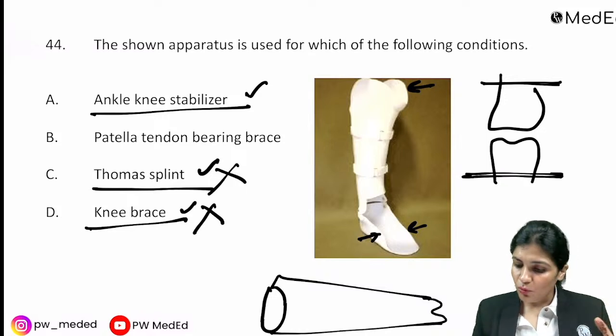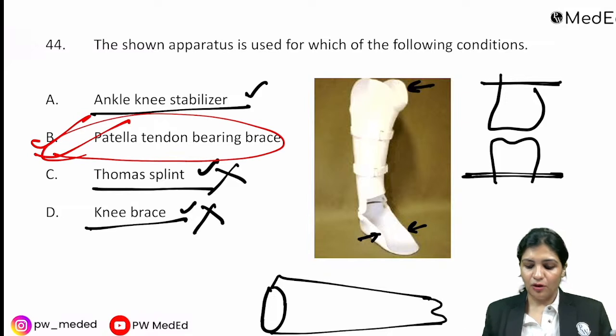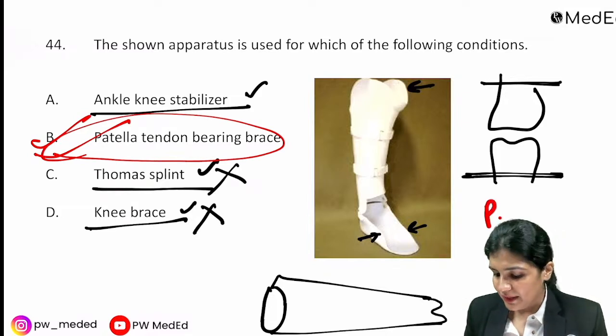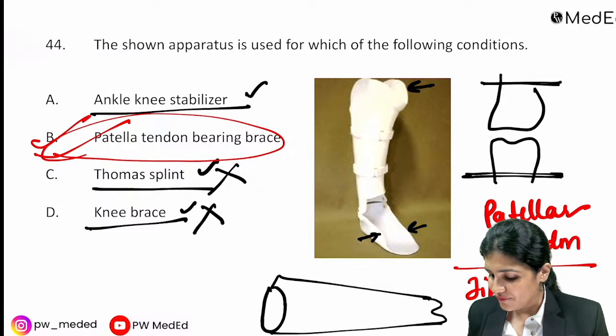So even if you don't know anything about the question, you can simply answer this as the patella tendon bearing brace. This patella tendon brace is used mainly for your tibia shaft fractures, right?